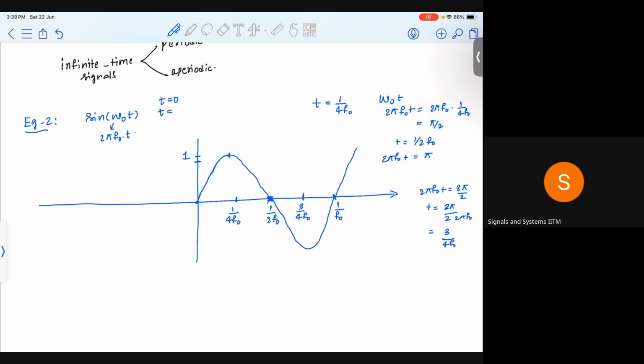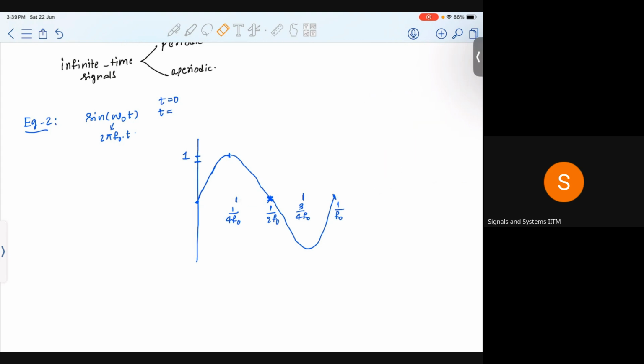And as you go forward, it just keeps repeating the same. Maybe I should plot with a different color. Right? So as you keep going forward, the same signal keeps repeating, right?